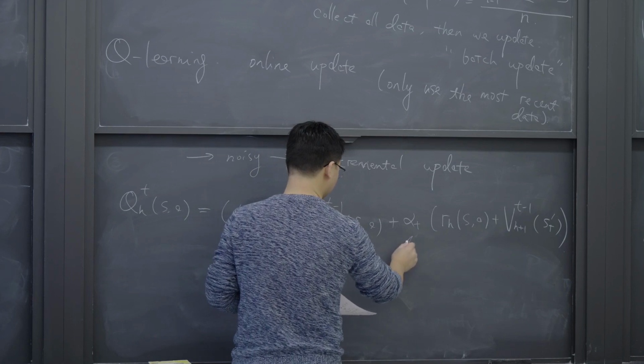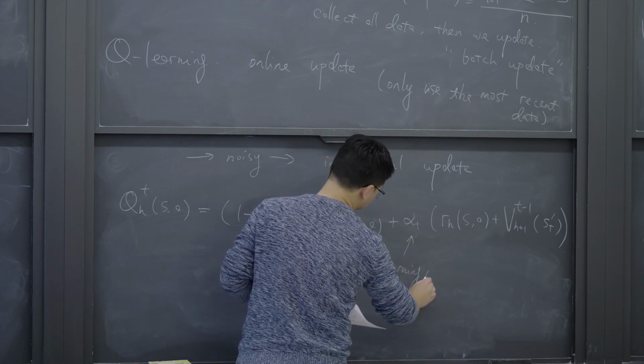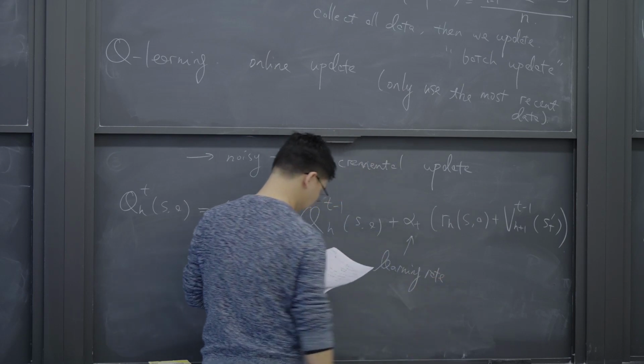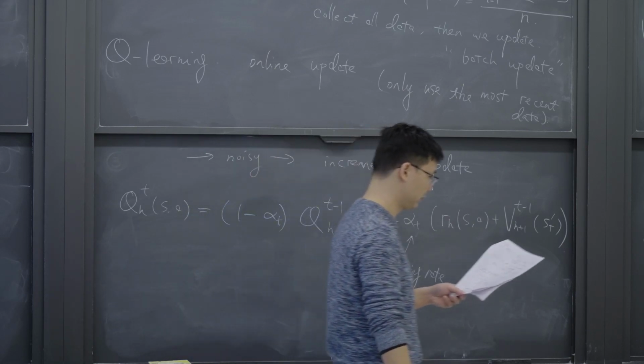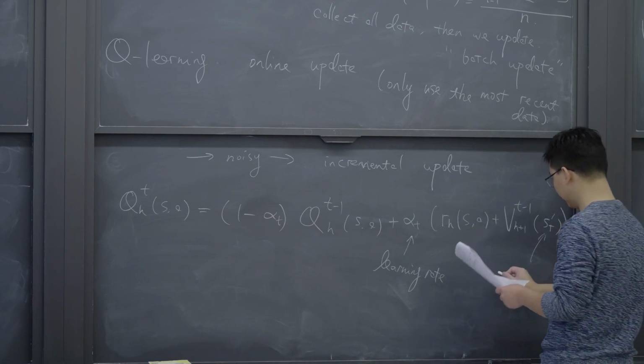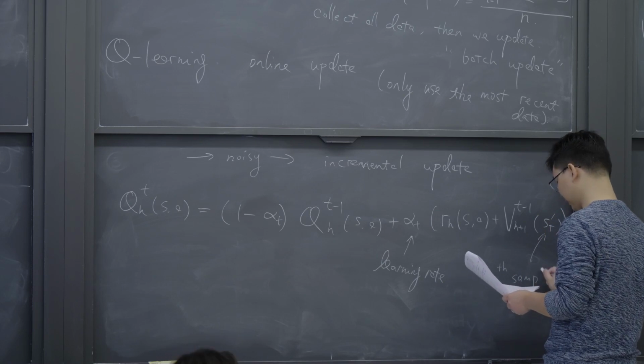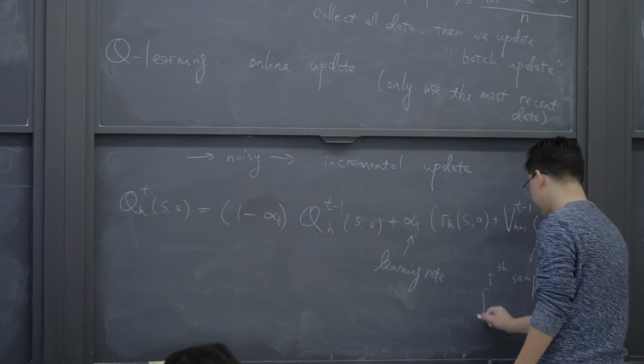You can think of this alpha_t as essentially some learning rate. And this is the t-th sample from the simulator.